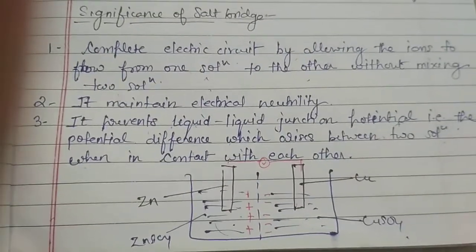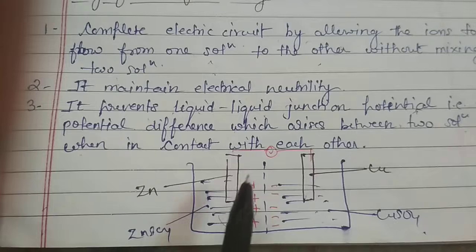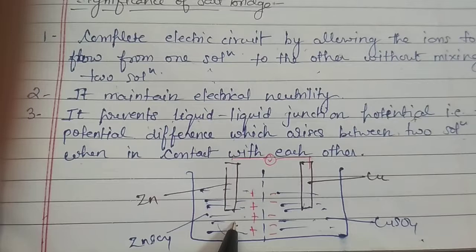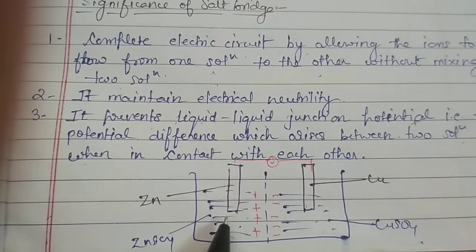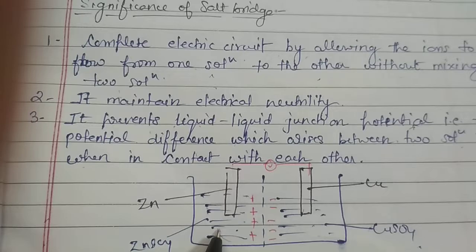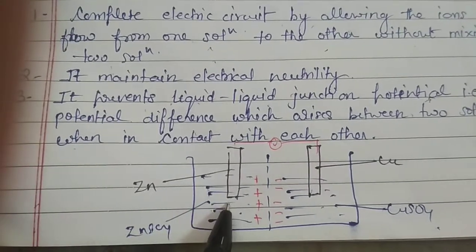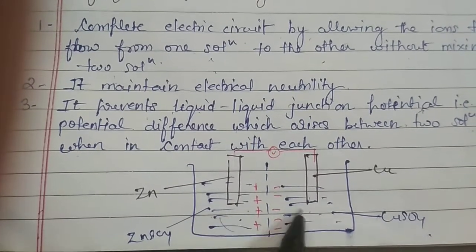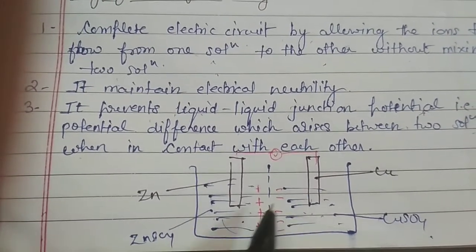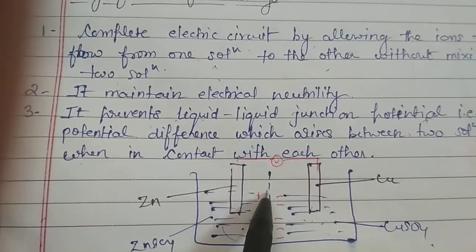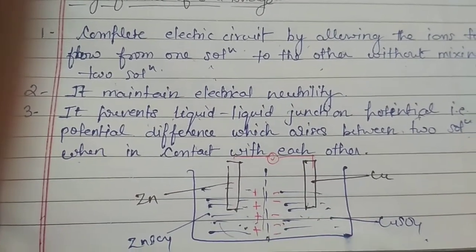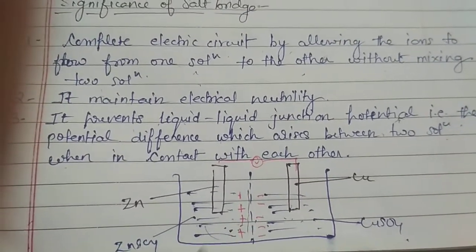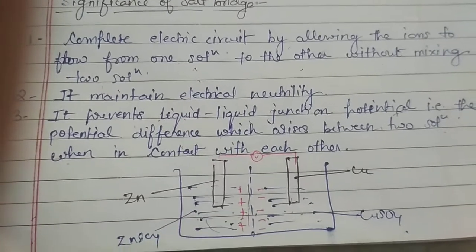So let's see. Suppose we have taken the voltaic cell like this, we may form a porous separation between these two solutions by which only the flow of ions would be there from one solution to another. Still, because the speed of migration of ions in both solutions is different, a potential difference develops at the interface of these two liquids, known as the liquid-liquid junction potential, which interrupts the working of the cell.